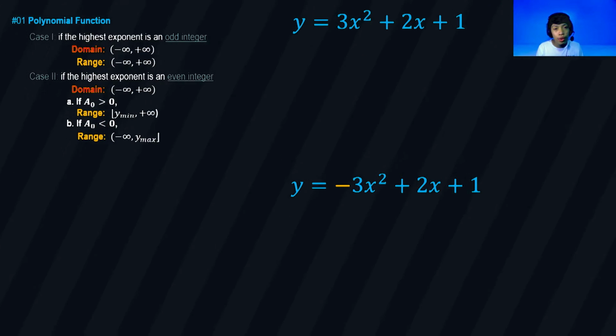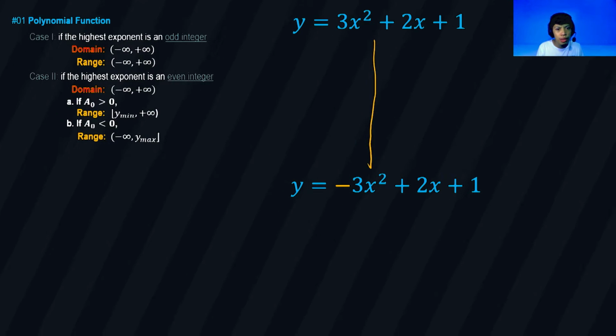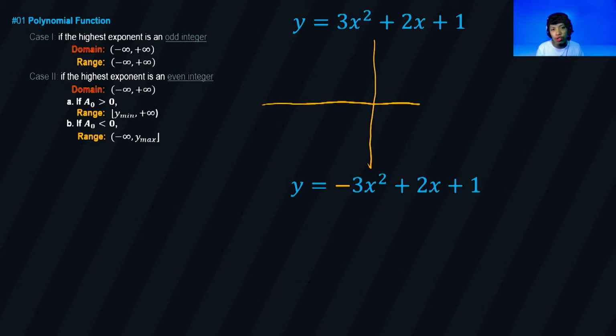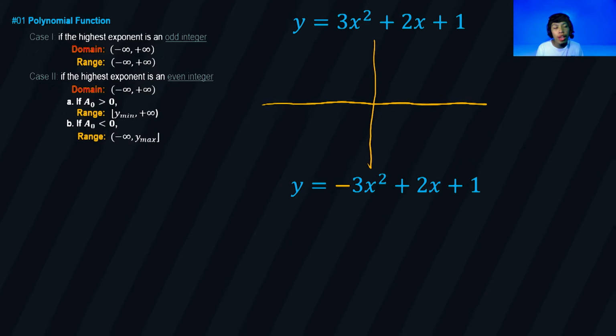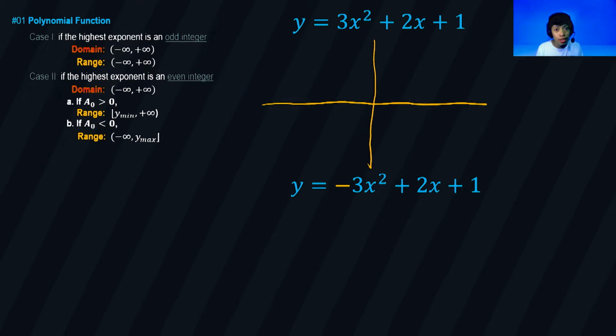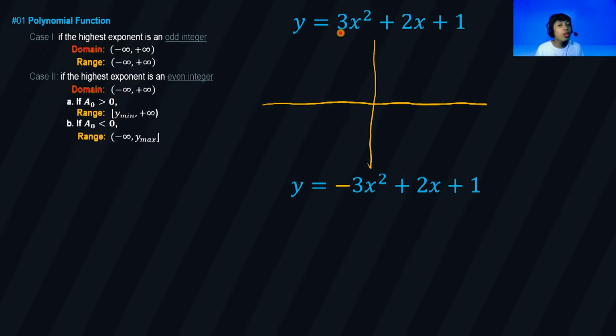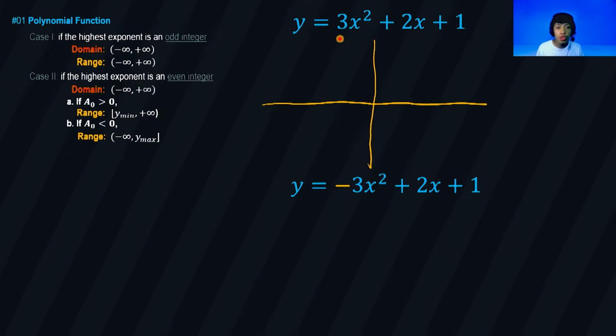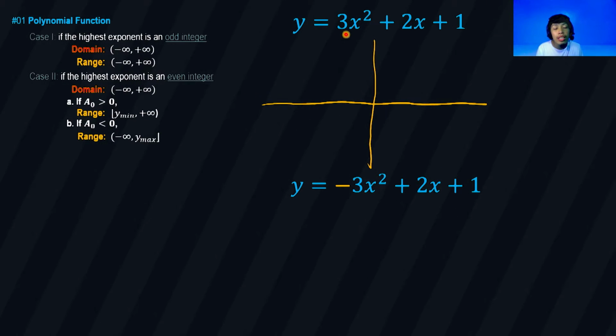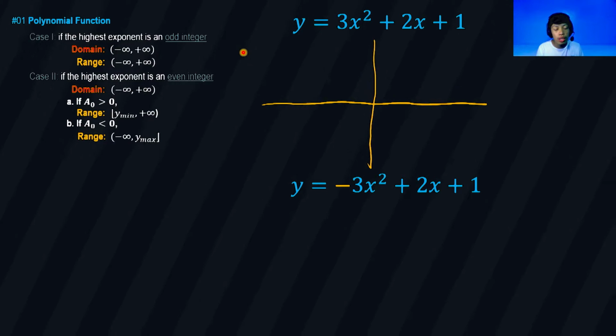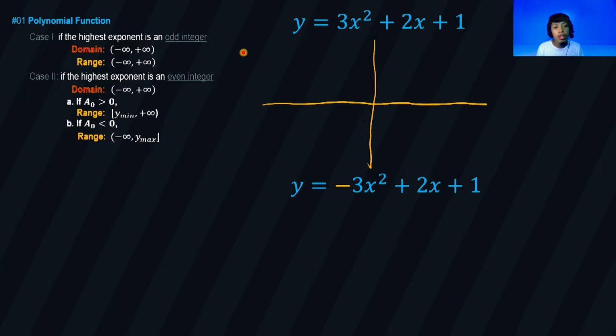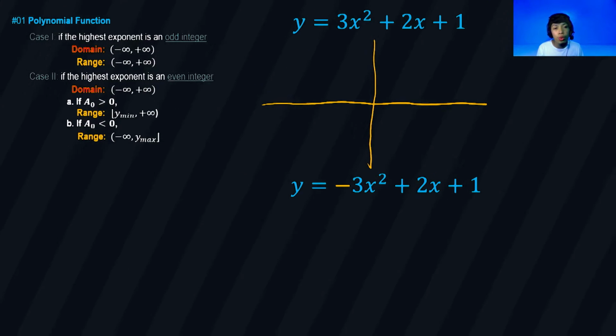To find the range, let us first understand the behavior of the graph of this function. Since the value of a0 is positive, that's 3. Take note, a0 is the numerical coefficient of the highest degree term, and that happens to be 3. Since 3 is positive, the graph of this function will start on quadrant 1.